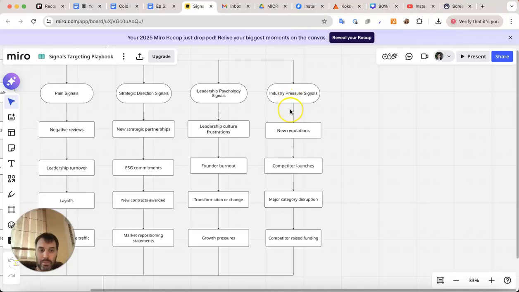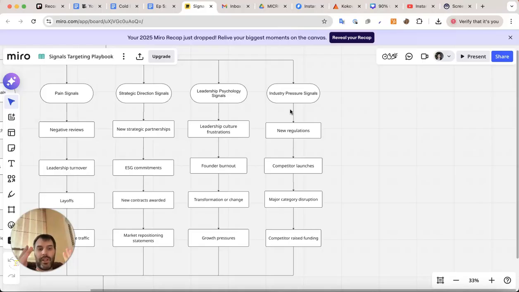To give you an example, one of our long-term clients works with food and beverage brands, and there was a new regulation around marketing and advertising for junk food, basically.